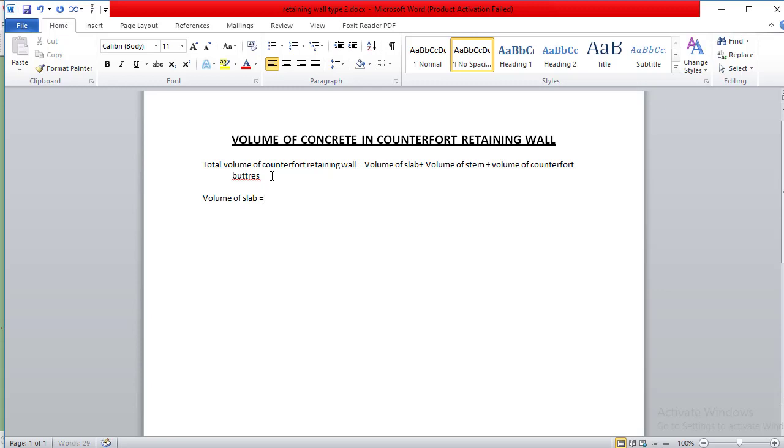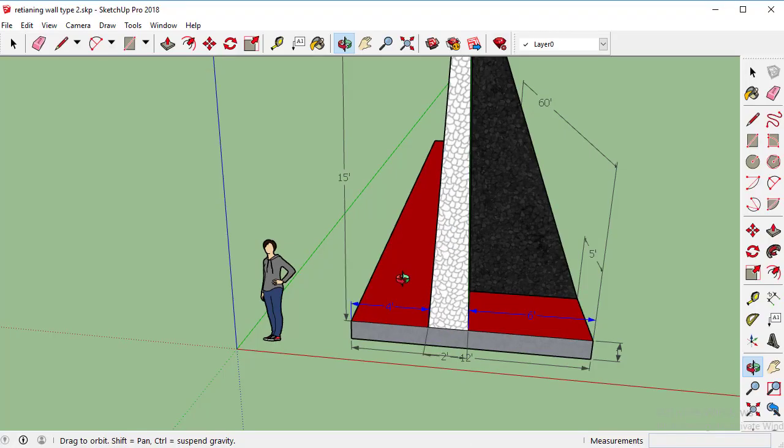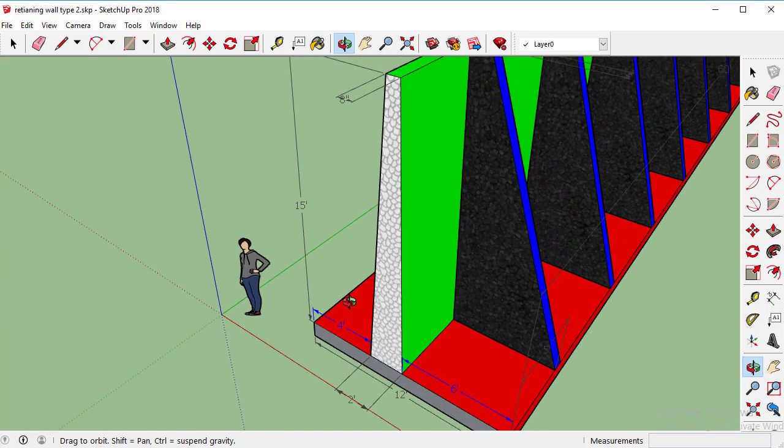The volume of slab is the surface area times length, and the surface area is 12 multiplied by 1 multiplied by the length, which is 60 feet. So we will get the volume of the slab, which is 720 CFT. Now after that we will find out the volume of this stem, and if you look closely here, the stem is trapezoidal in shape.